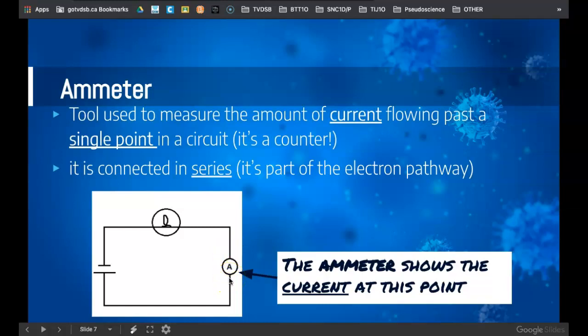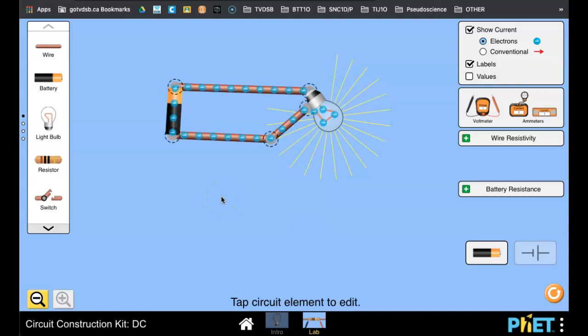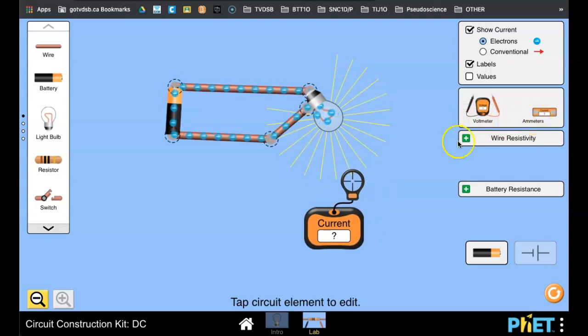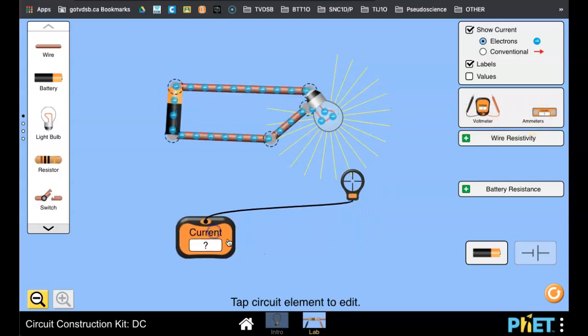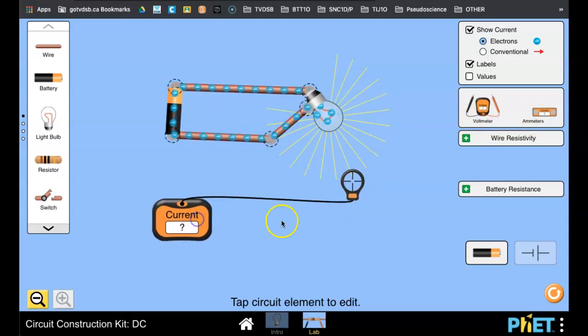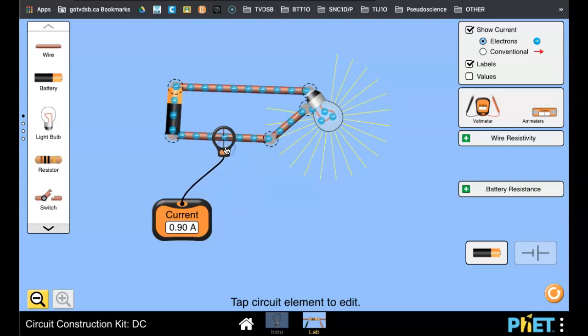Okay, and so if we go check our handy little PhET, I've got a little circuit set up here. We've got a battery, we've got a light bulb, and an ammeter is over here. You can see over here we've got voltmeters and ammeters. This is a pretty good way of getting an idea of what's going by. You notice it's got this target here. If I put this anywhere on the circuit, it'll tell me how many electrons are going by per second.